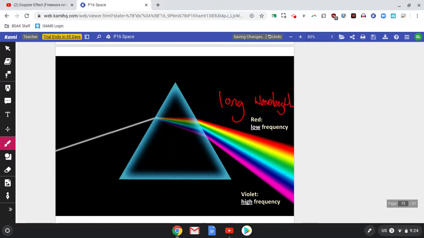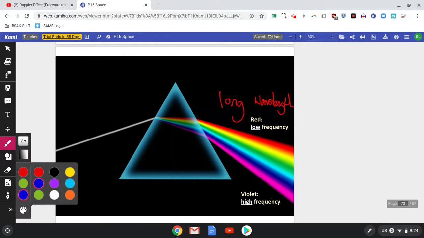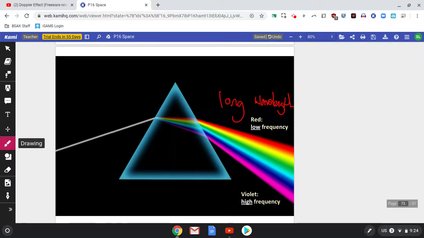And at the other end of the spectrum, if you have high frequency, then you have short wavelength. So that's the difference between the two ends of the spectrum. Red has a long wavelength, and violet has a short wavelength, just like high pitched and low pitched sounds.